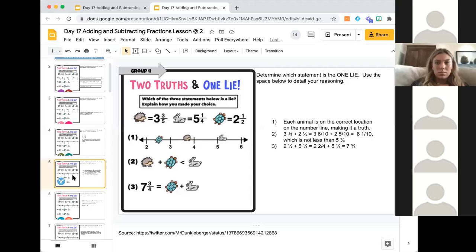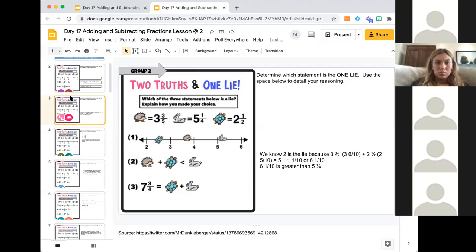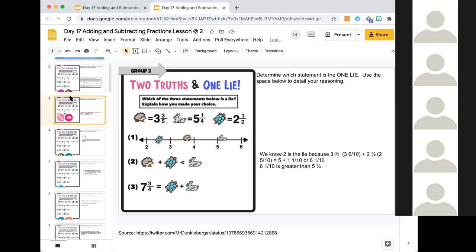I don't know if it really counts, but we were in group 2. We looked at the second one in particular. We noticed that we're trying to compare 5 1/4 plus 3 3/5 plus 2 1/2. And we saw that 3 plus 2 is 5, and you already have that extra 1/2 fraction. So 5 1/2 is already greater than 5 1/4, not counting the 3/5 from the 3.